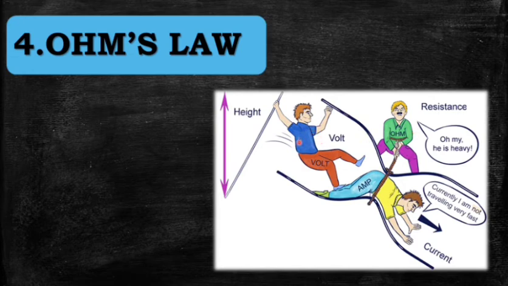For the blue shirt man, the volt will be always pressuring the current to flow. He is forcing this ampere to go through this tube, but what this resistance is doing is resisting that current not to flow.